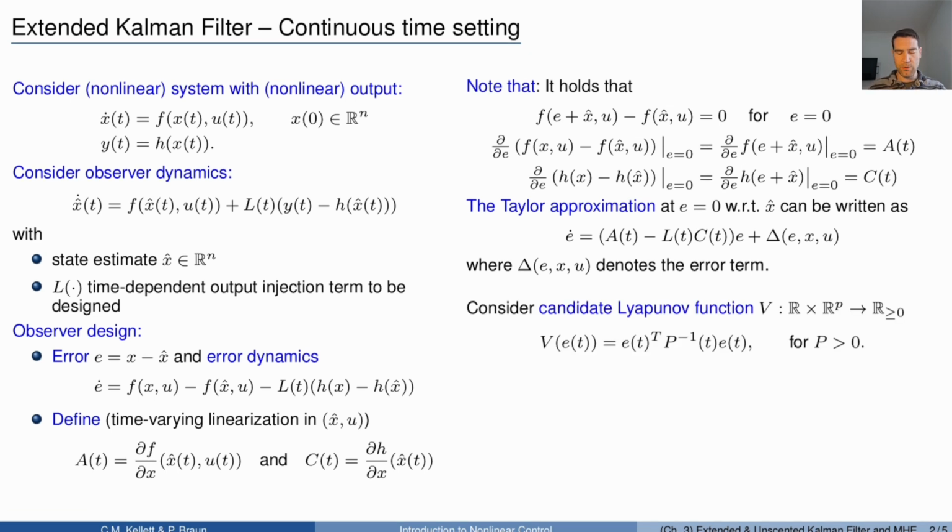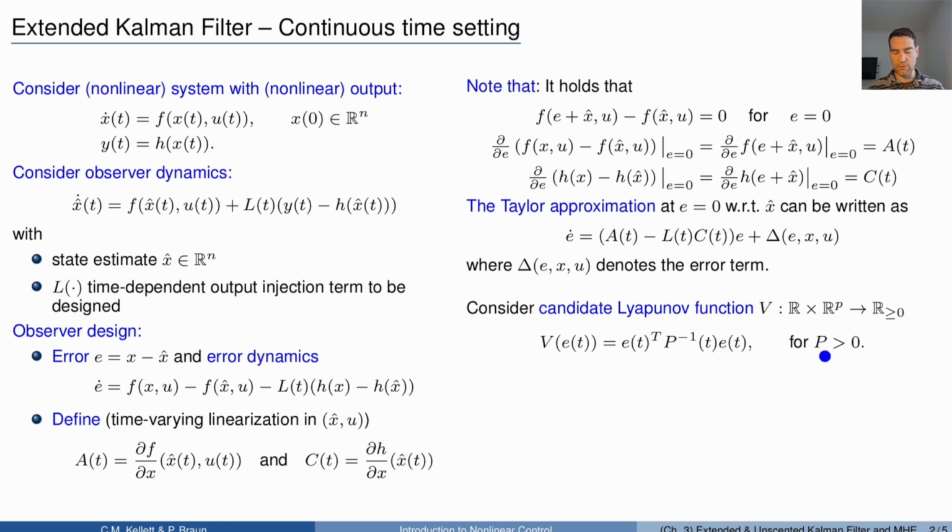So let's remember what we want to design. We want to design L such that the origin of this system here is stable or asymptotically stable. To do that, we are going to consider a candidate Lyapunov function. Candidate Lyapunov function because we haven't shown the decrease property yet, and we have not defined this matrix P of t yet.